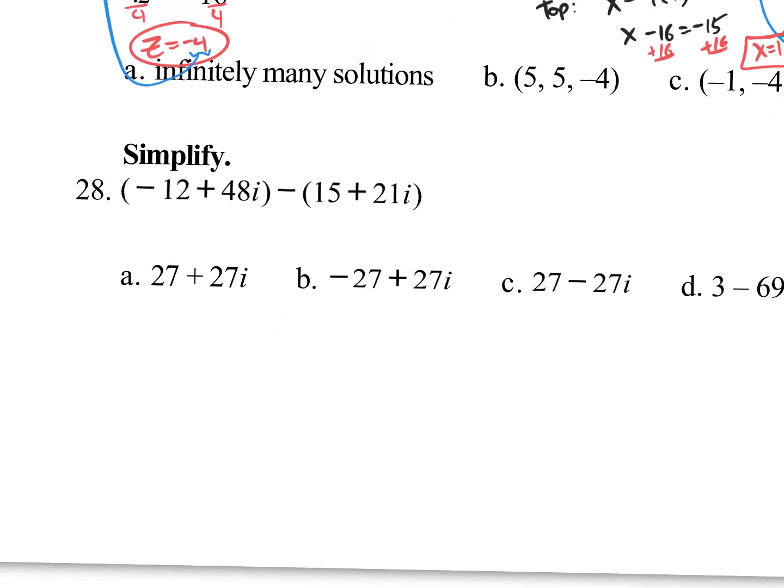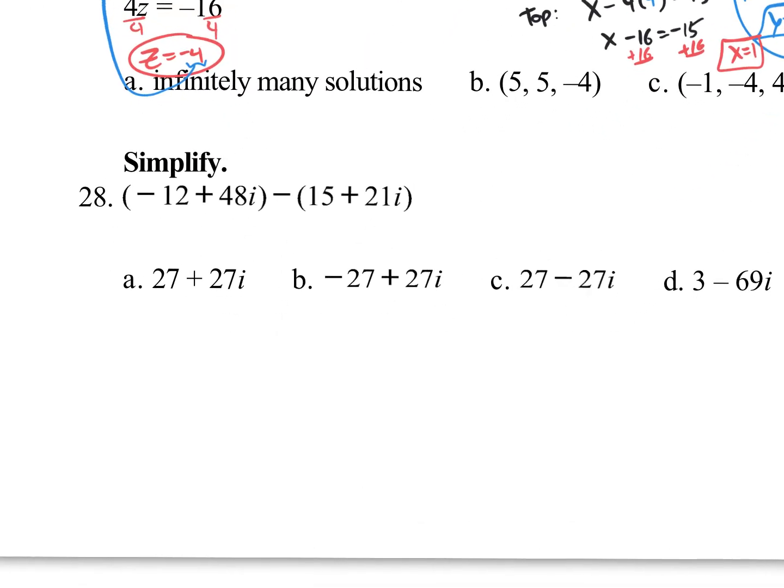So the rest of this, whenever I ask you to simplify with the letter i, the variable i, just remember i is imaginary. And the only difference between an i and a variable x is that if you ever end up with i squared, you have to replace the i squared with -1. So all you would do is distribute the minus sign, that's really a -15, that's really a -21i, and you still have the -12 in front, the +48i.